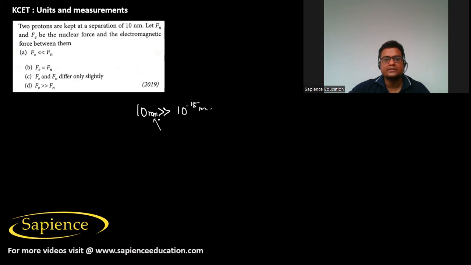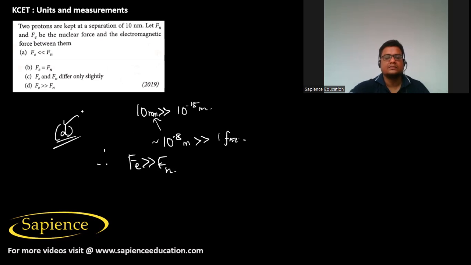Here the separation is of the order of 10 power minus 8 meter, which is much larger than 1 Fermi. So in this case, the nuclear force will be negligible as compared to the electrostatic force. So the electrostatic force will be much higher than the nuclear force. So option D is the correct answer.